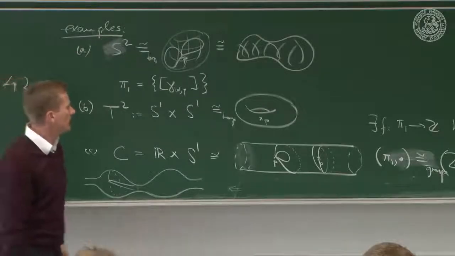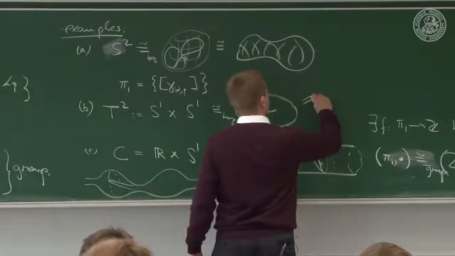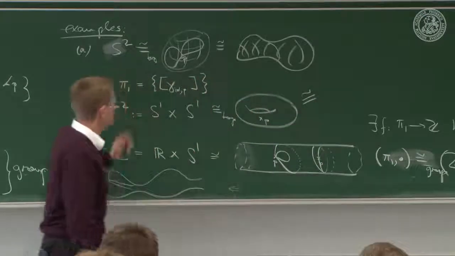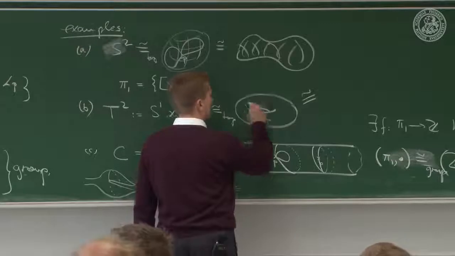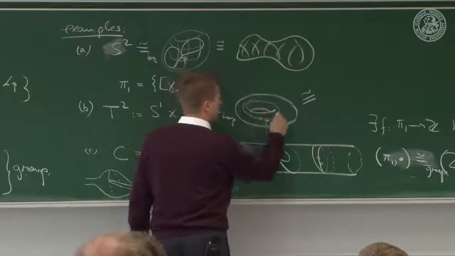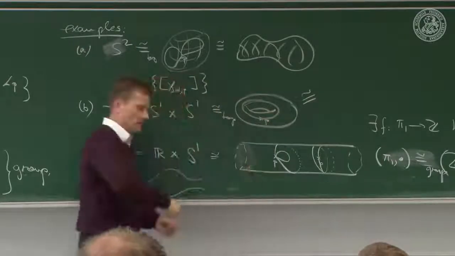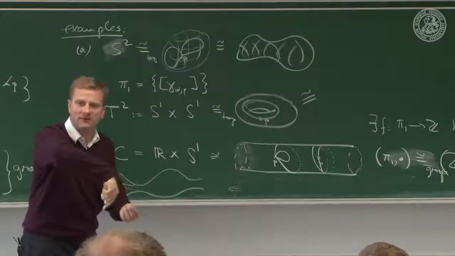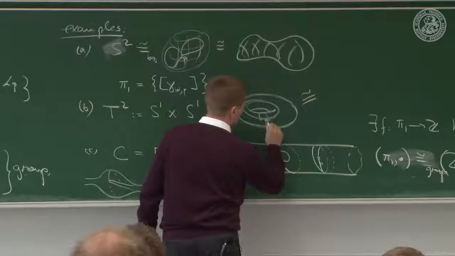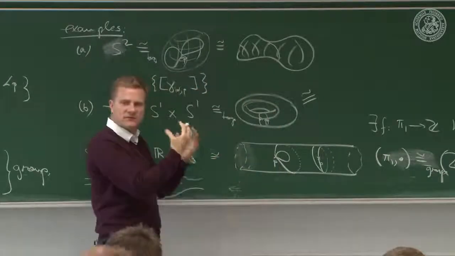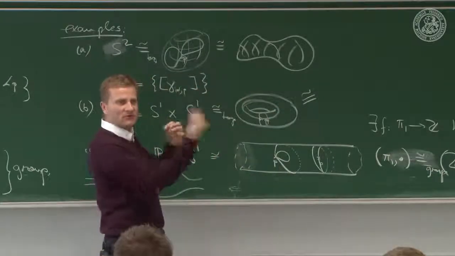Okay. So now let's go back to our example of the torus. Now, intuitively speaking, I can wrap once, twice, 3 times around the inner hole, if you wish. But I can also wrap around this part that's like a piece of a cylinder. But anyway, I also don't get out.